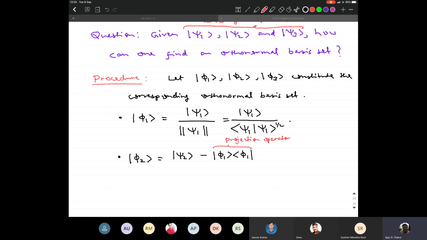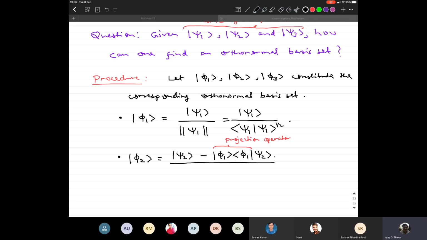It is projecting out the component of psi2 along phi1. Here it's better to use the black color to avoid confusion. The projection operator is only the one earmarked with this bracket. It projects out the component of psi2 along phi1, subtracts it from psi2, and then we take the norm of this quantity.